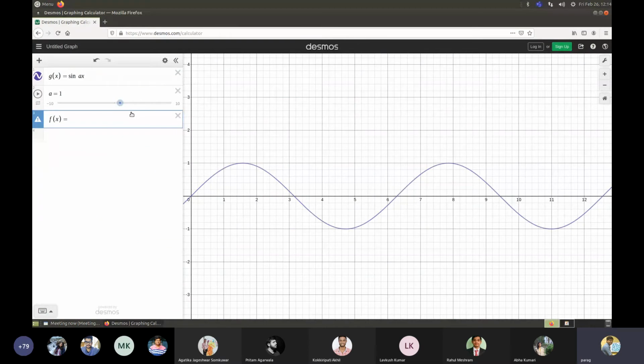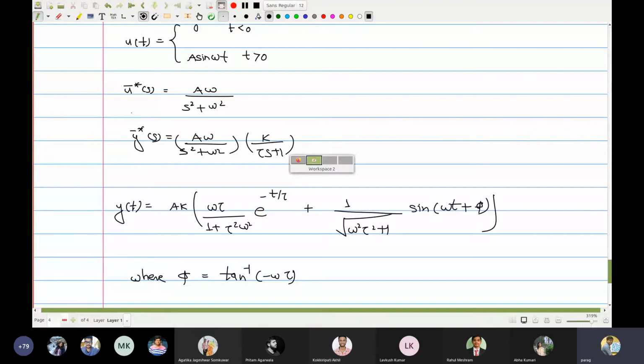So omega, no, not a, yeah, omega, correct. Omega tau upon 1 plus omega squared tau squared. Is that the expression?